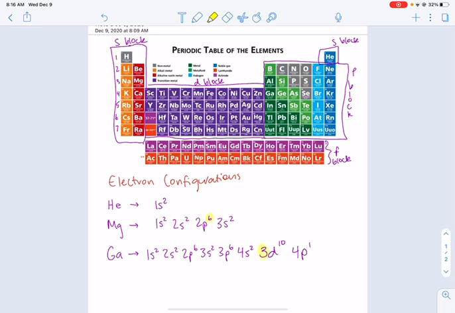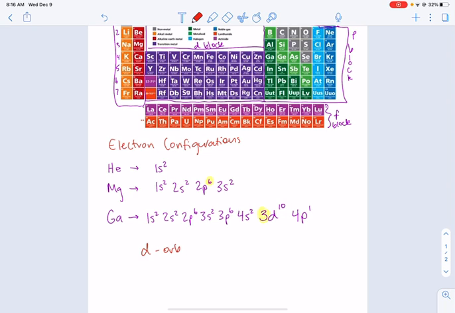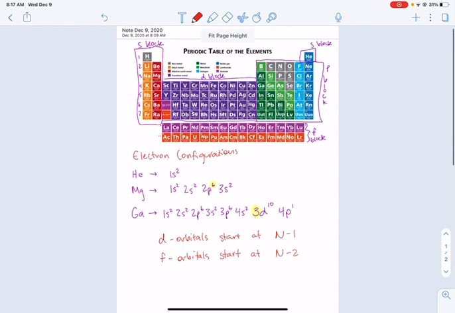So remember, anytime you start with the d, so d orbitals start at n-1, f orbitals start at n-2. Now what is this n? The n here is whatever your principal quantum energy level is, basically whatever row you're on.